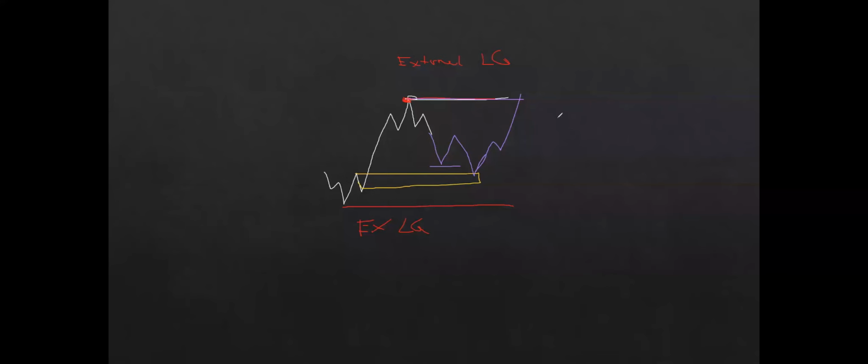Then we anticipate price to come to the external. After we take out external, we're coming back for internal. After we take out internal, we're going back for external. So far with me? All right.